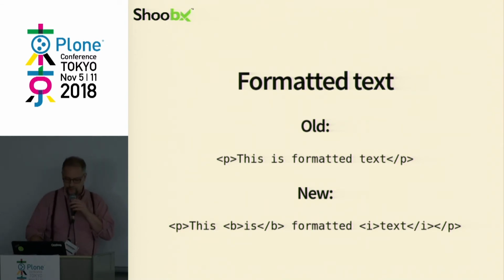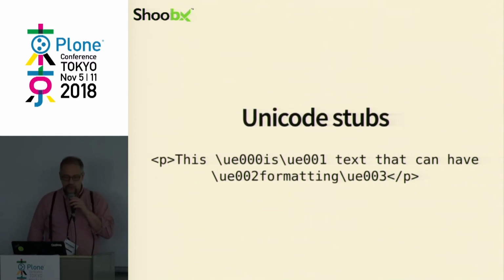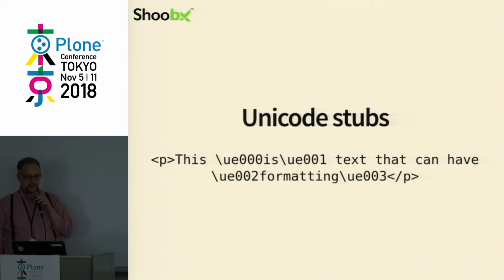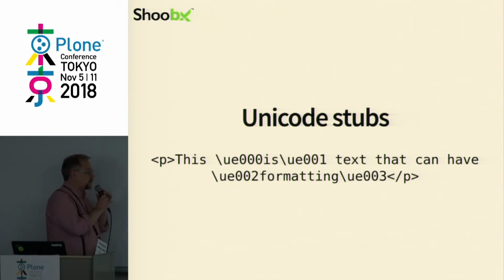So what to do? Well, what we do is that we replace tags inside of formatted text with Unicode characters before the diffing. And this means that the nodes will now still match, because these Unicode characters weren't there in the old version, but this is still similar enough to match.